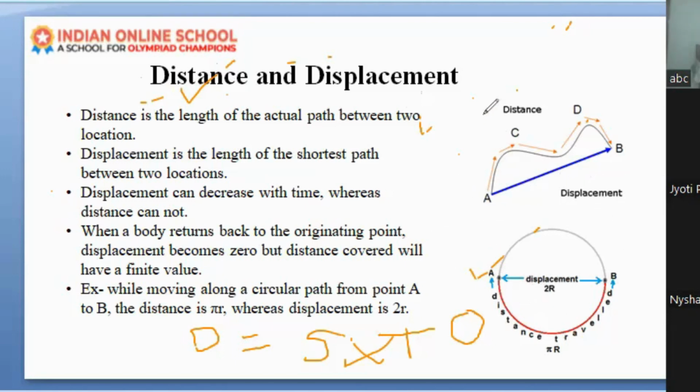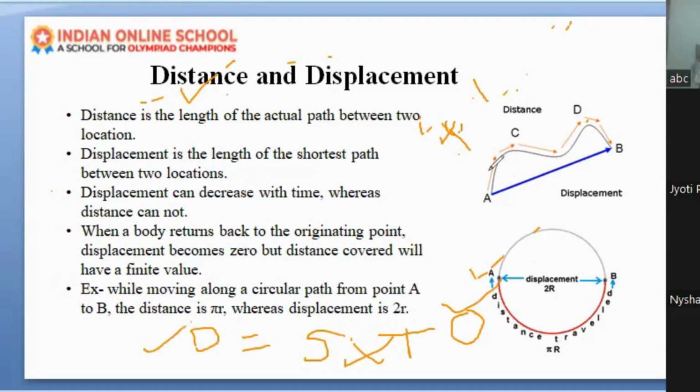Yes. So please do remember, this is a question frequently asked in the Olympiad. Distance is a scalar quantity, whereas displacement is a vector quantity. The reason behind it: distance has magnitude only, that is value. Displacement has magnitude as well as direction, value and direction. Now here is the question: why can our distance not be 0, whereas our displacement can be 0? Because distance cannot be 0. What is the formula of distance?